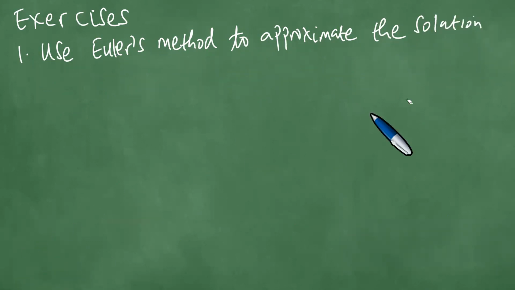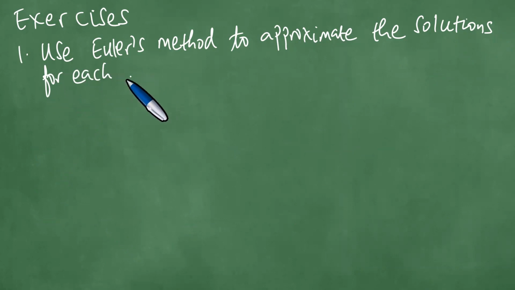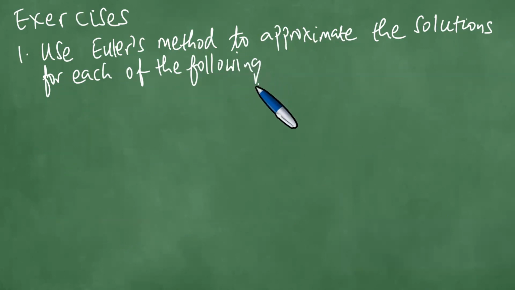Right, so now if we want to approximate the solutions, there are going to be several solutions for each of the following initial value problems.